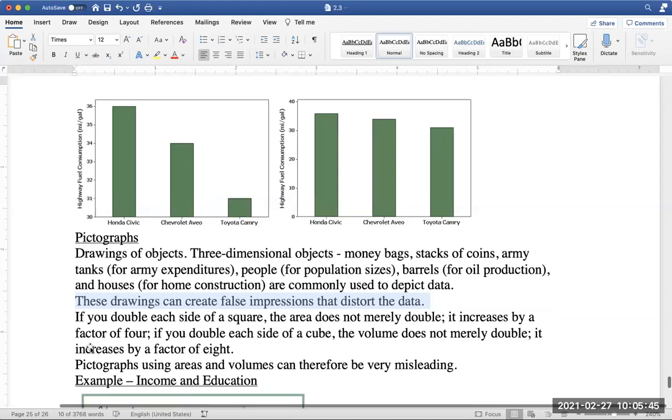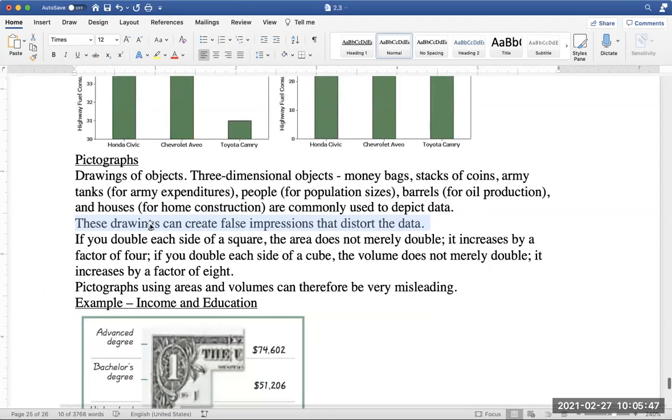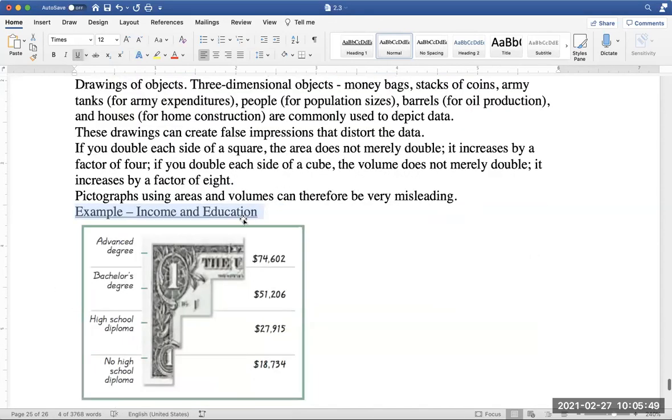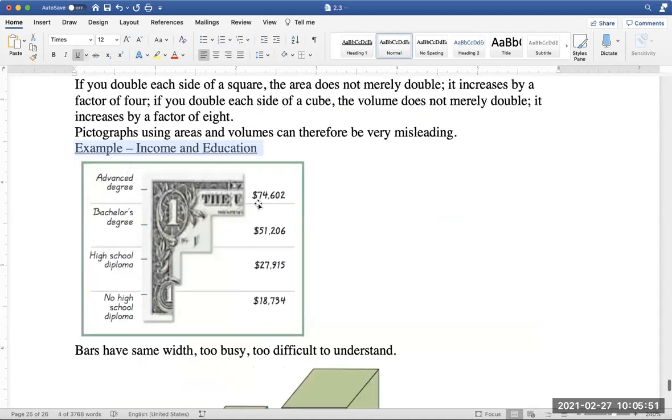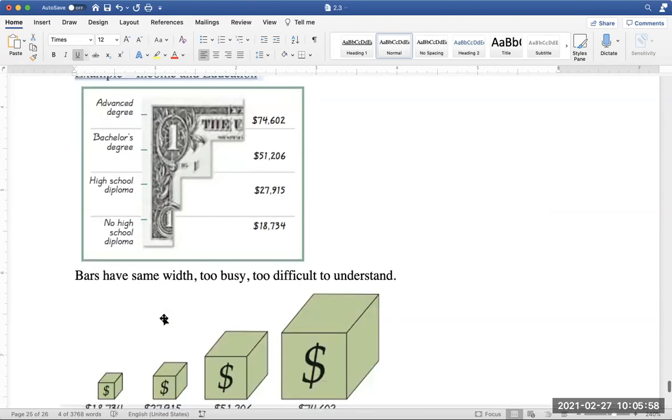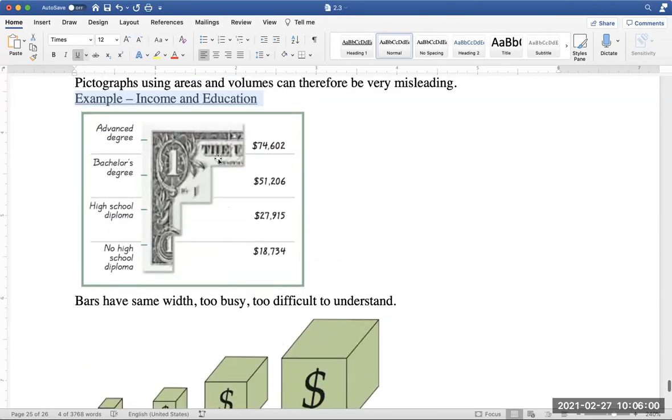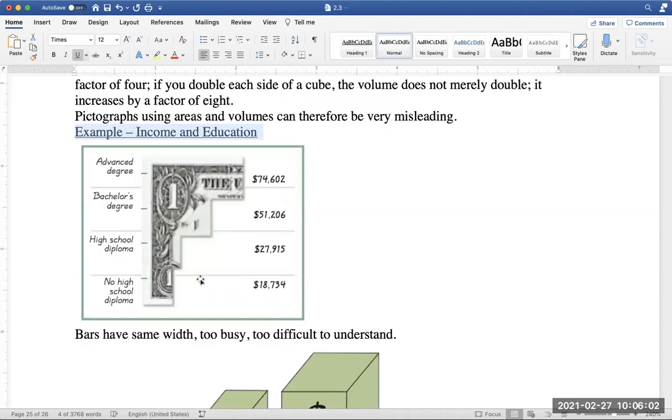Let's look at this one. And so you have here advanced degree, bachelor's degree, high school, no high school. The real problem here is that when you look at this graph, I'm looking at this, and I can barely see anything else. I look at this, and then I go, oh, it looks kind of like the shape of a face.